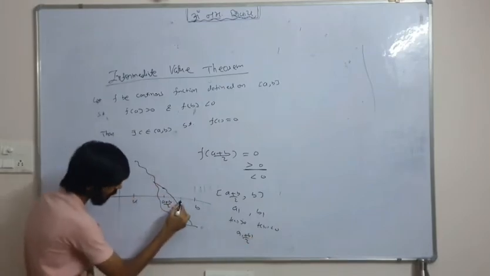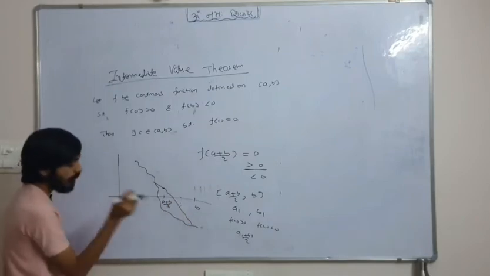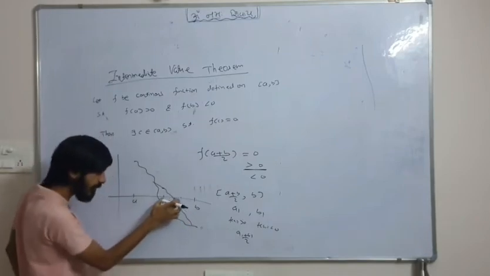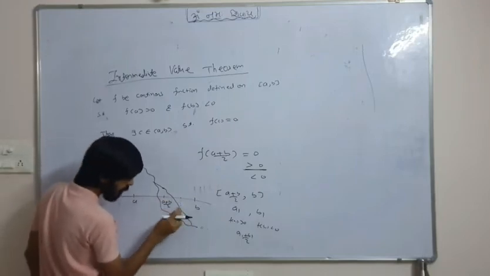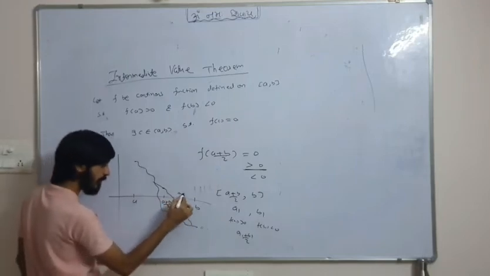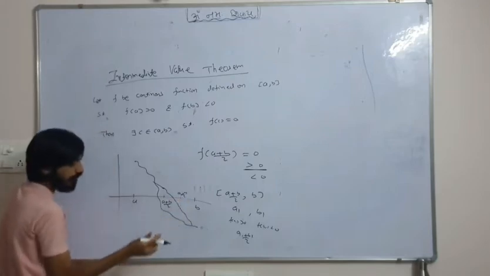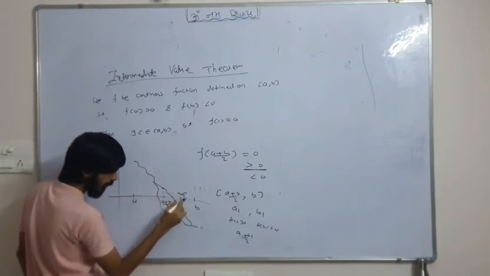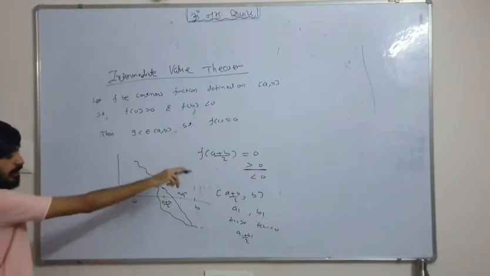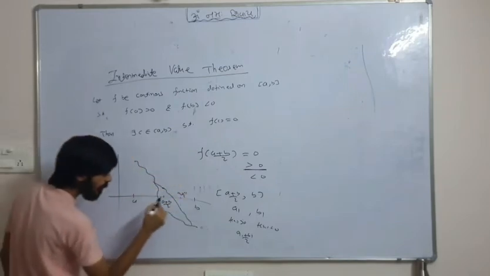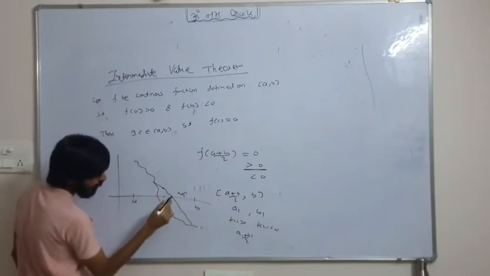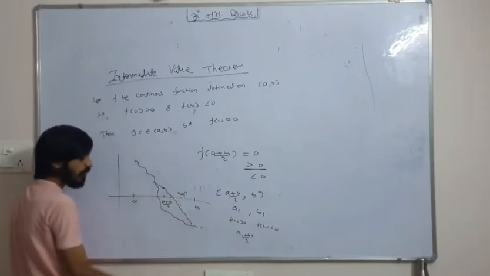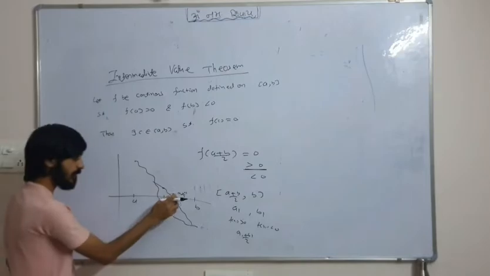Now here, if the function value is negative, then I will take this interval. So here the function value is negative at (a1+b1)/2, so I will take this interval and again do the same thing. If I bisect it, then it will be here, and the function value is positive, so I choose this interval.